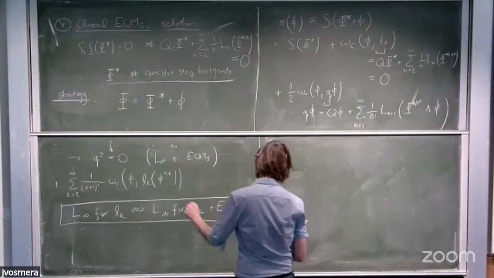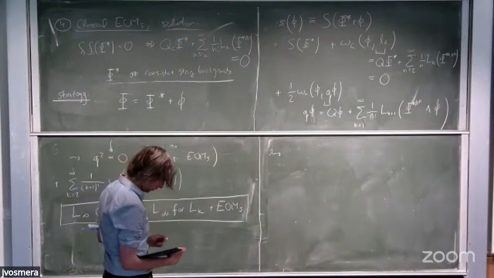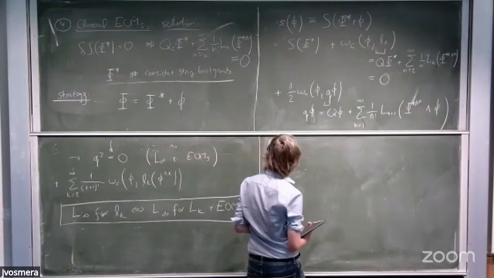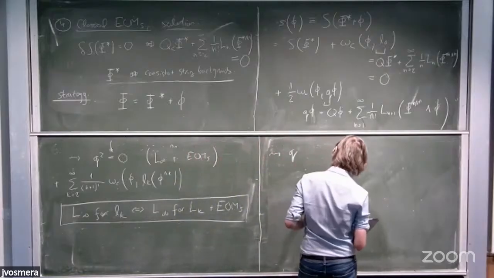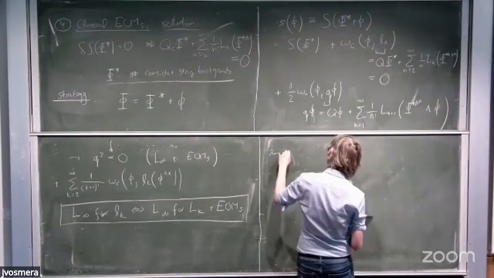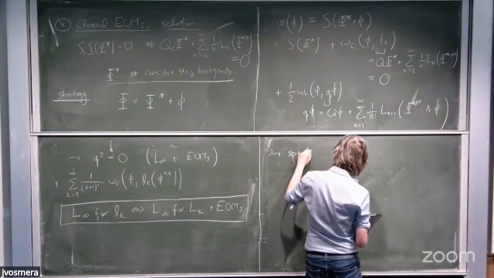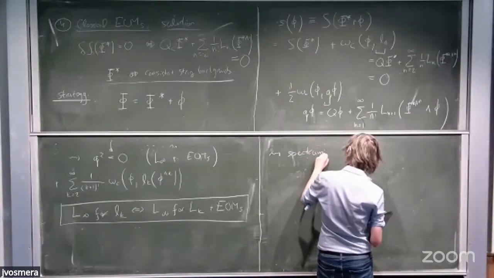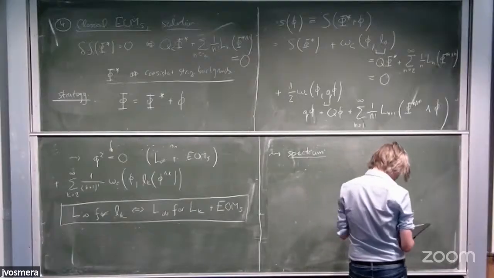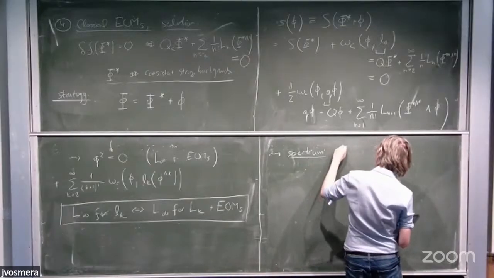Using this new expanded action little s of little phi, that can be done, right? We can, for instance, take this new BRST operator little q and use it to compute the spectrum of on-shell physical string states around the new background by computing the cohomology.